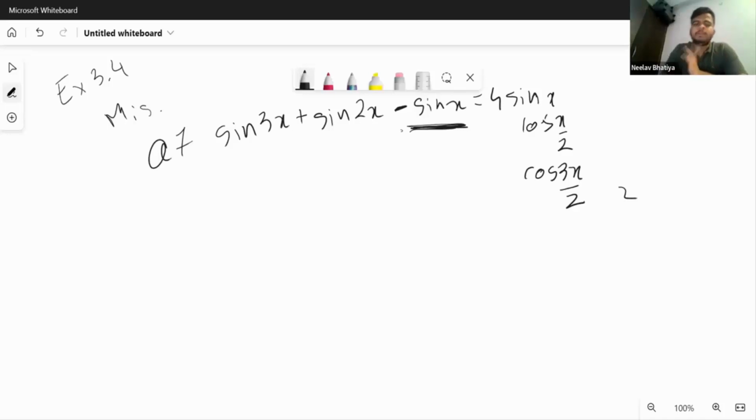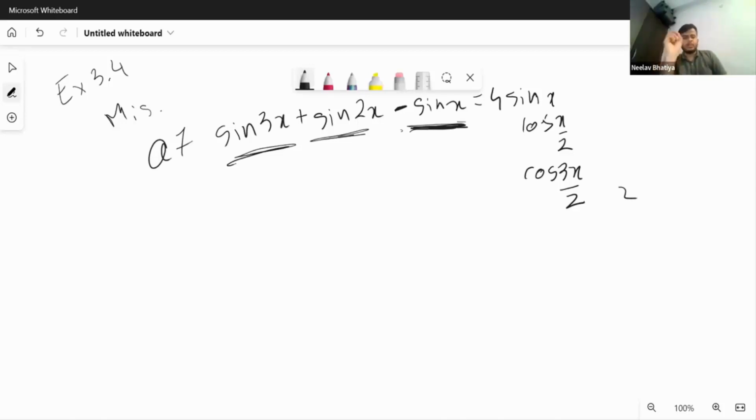Correct. I'll get nowhere. If I apply sin C plus D to these two terms, then also I'm getting nowhere because 3x minus x, I'm left with sin x, but the remaining term is sin 2x. So I'm getting nowhere, right? Again, if I apply to these two terms, then also I'm getting nowhere. So am I missing something here?